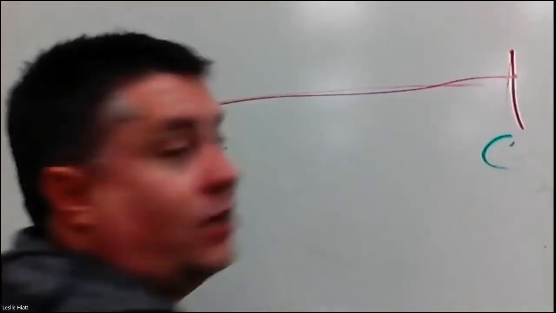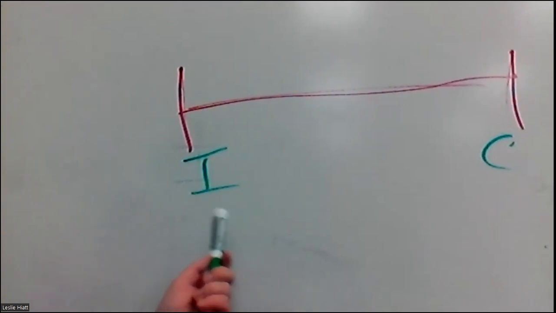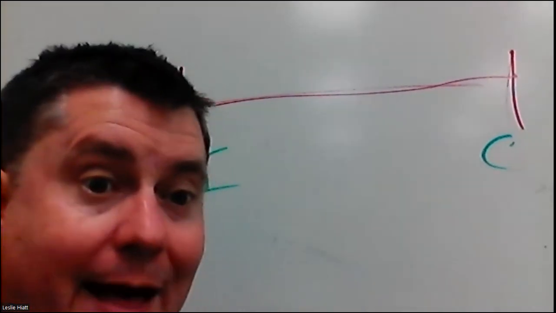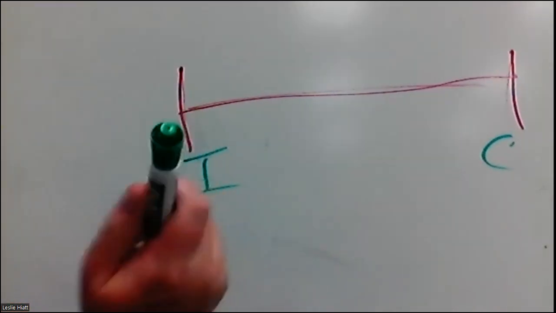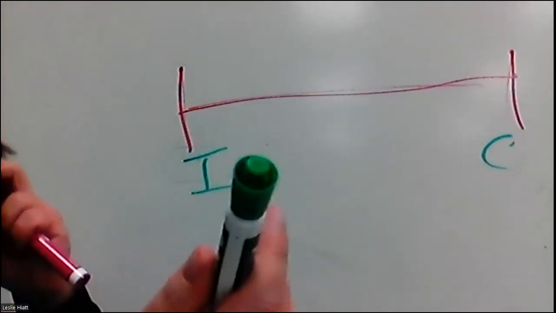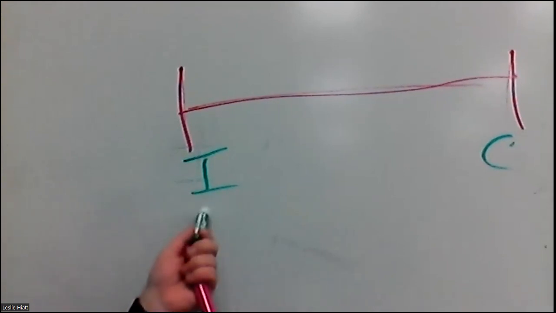Individualistic, collectivistic. Individualistic cultures, this is, by the way, testable, at minimum 1 question, maybe 2. Remember the things I told you to write down or take a picture of?